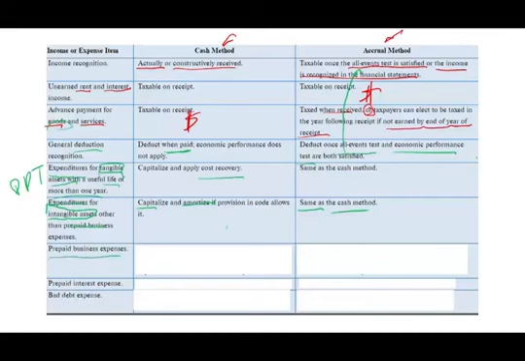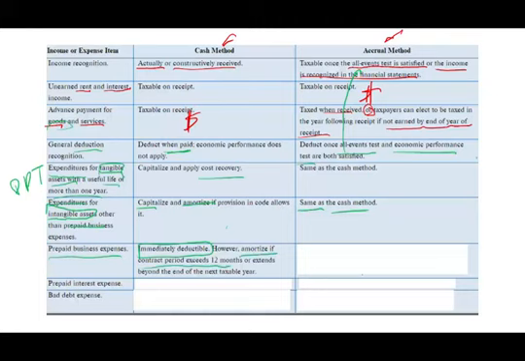Like when you prepay your insurance, you can prepay your rent, and so on and so forth. For the cash method, listen, immediately deductible. However, there's a kind of two rules at the same time about prepaid. One, amortize if the contract exceeds a 12-month period.